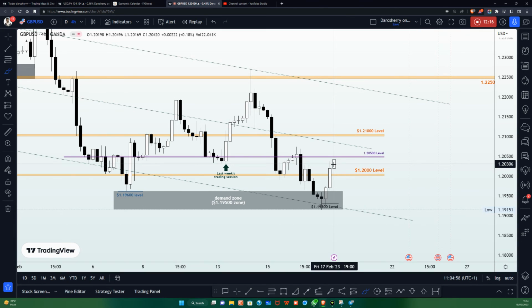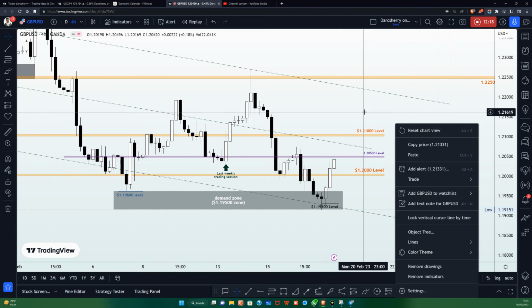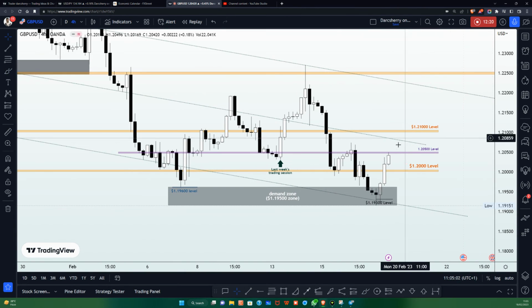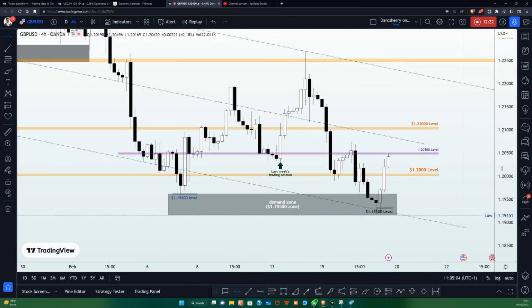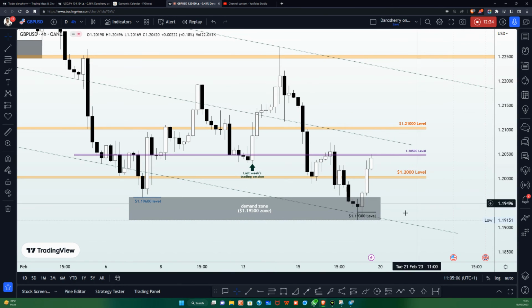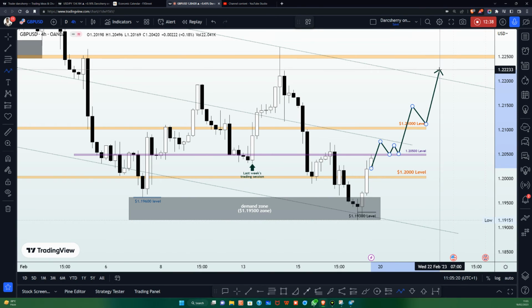And one thing we want to be doing during the new week is to see how price action will be reacting to the structure to determine what our next line of action will be. So if we continue to see bullish momentum around this area, probably in such a way that price action breaks out of the 1.20500 level, we might likely be getting ready for another wave of bullish momentum.